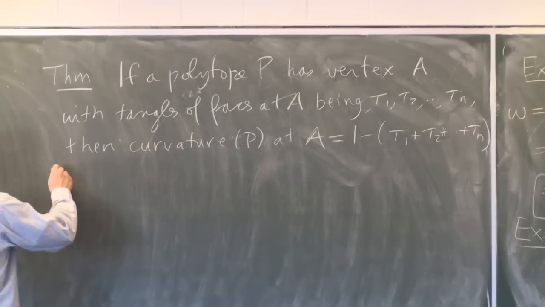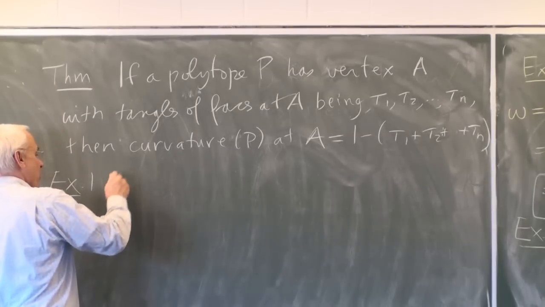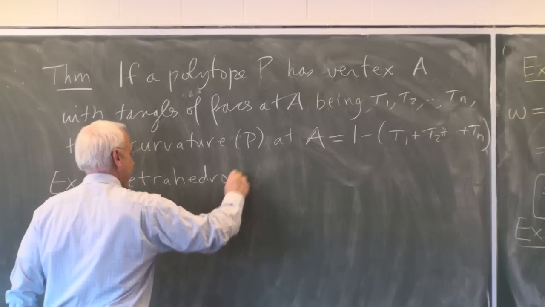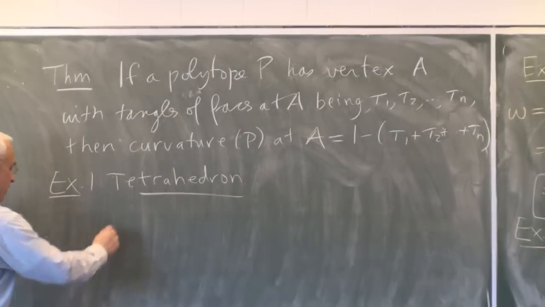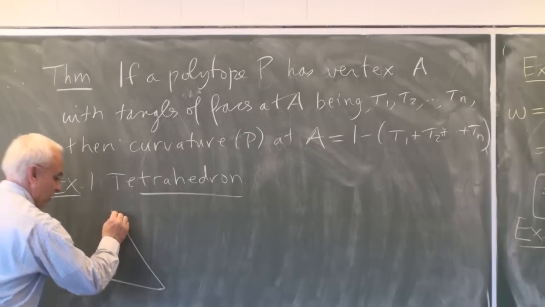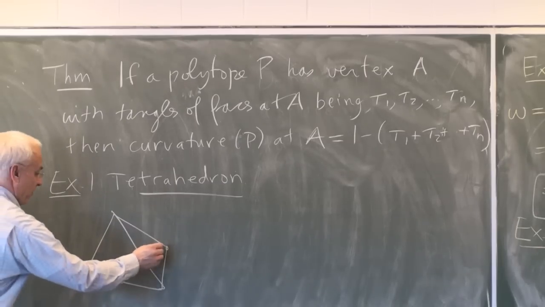All right, so it's time to do some examples. First one will be the tetrahedron. And we'll make it a regular tetrahedron so that it's easier to compute, although it doesn't have to be a regular tetrahedron for the total curvature. But to make the individual curvatures easy to calculate, let's make a regular tetrahedron.